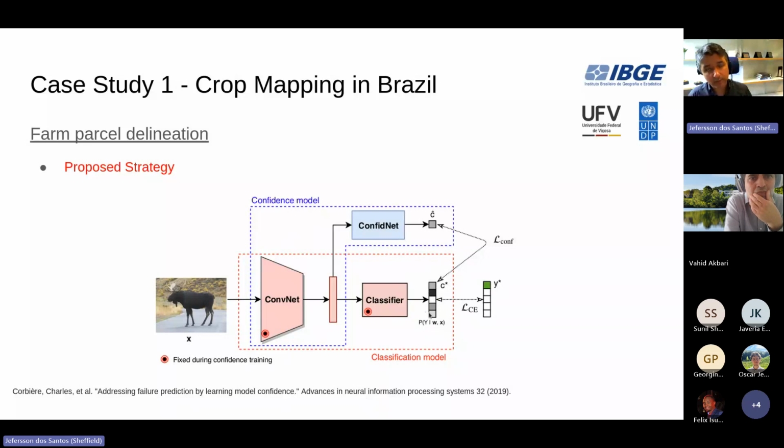What does it mean in practice? It means we are trying to measure the whole distribution of the training data.